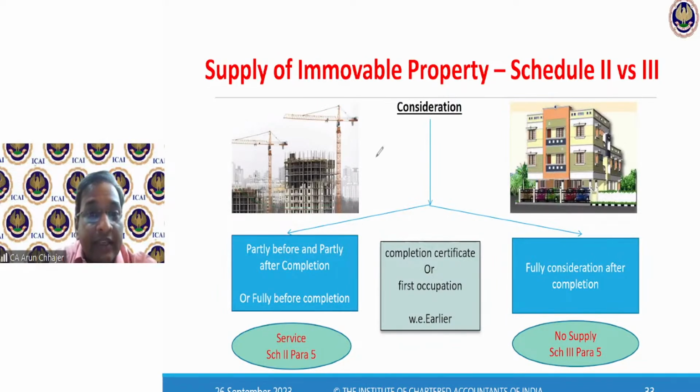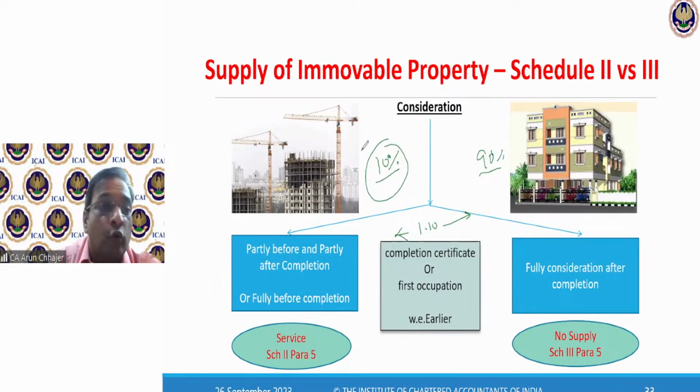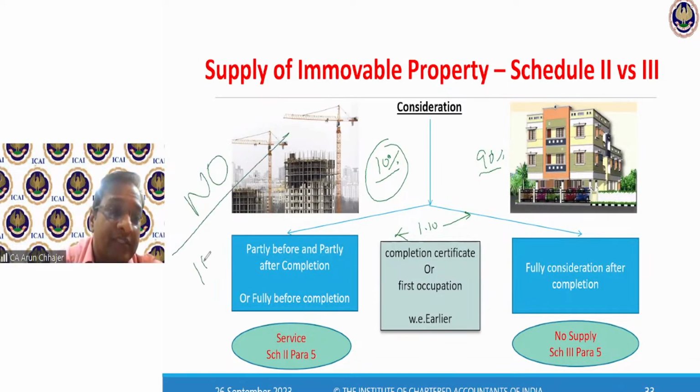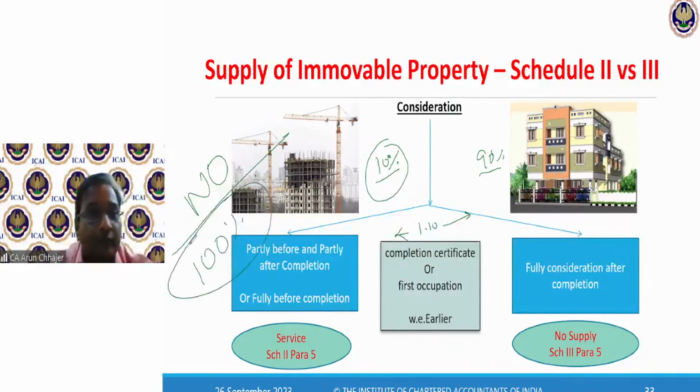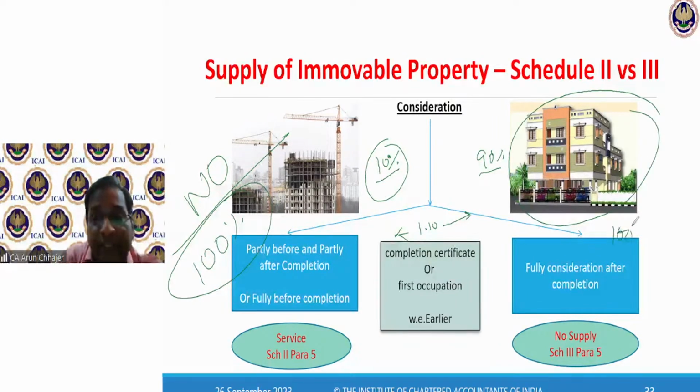Let's say 10% payment is received before 1st October and 90% payment is received after 1st October. Will GST be charged on 10%? No, sir. GST would be charged on the full value. The reason is that only if you receive 100% payment after completion will it be out of GST.